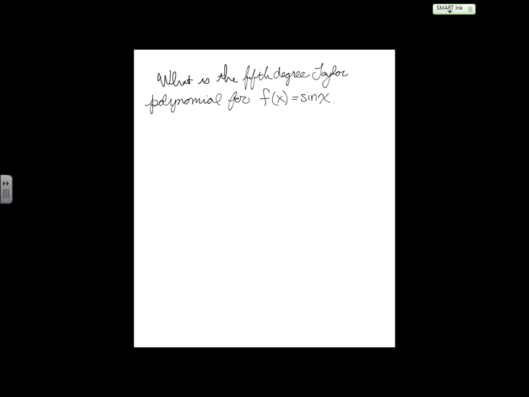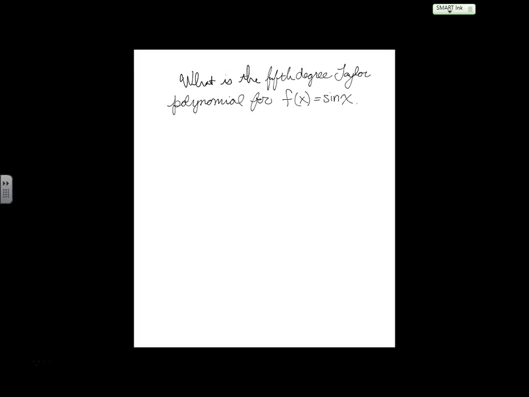It makes a difference right now. Because if I was to ask you for the fifth degree Taylor polynomial for f of x equals sine of x, how would you answer that? Five terms or only go to x to the 5th power?